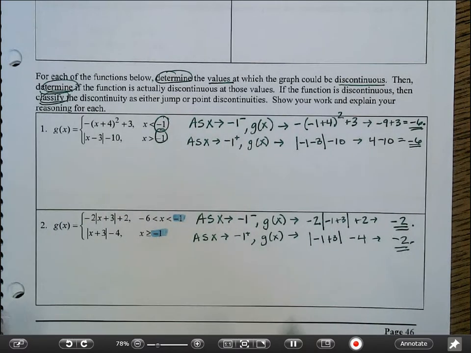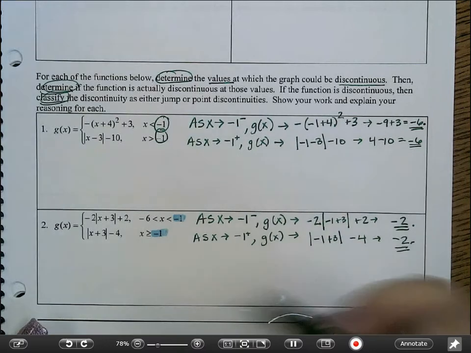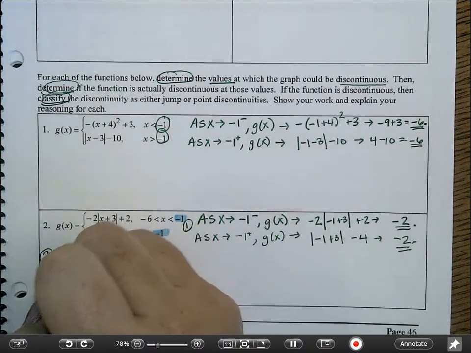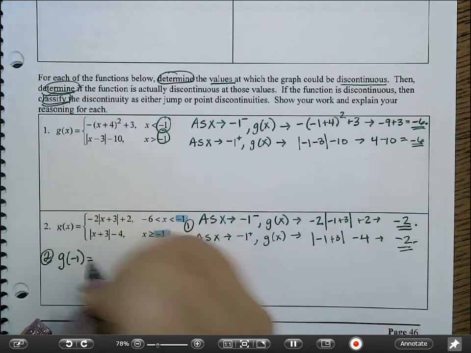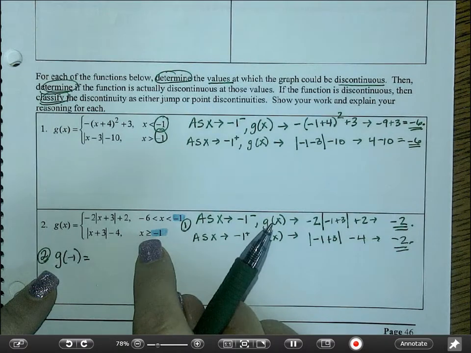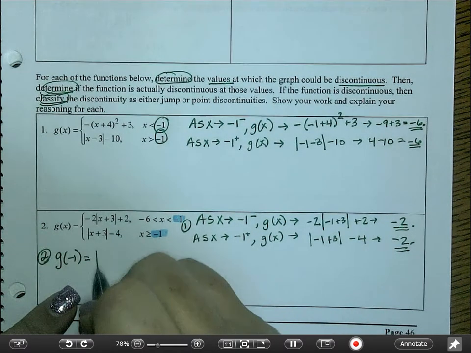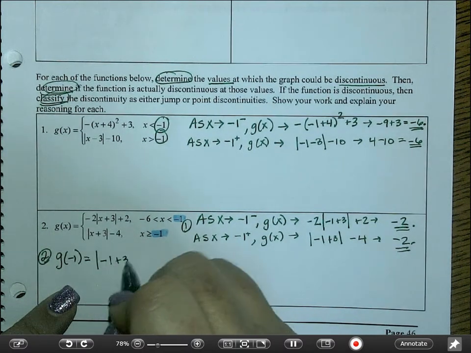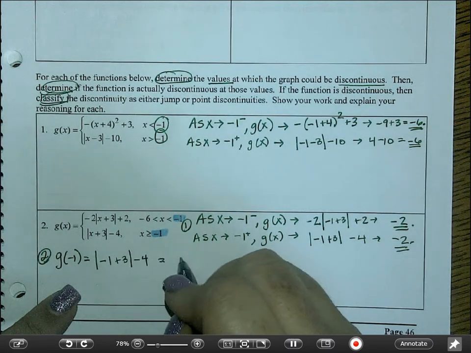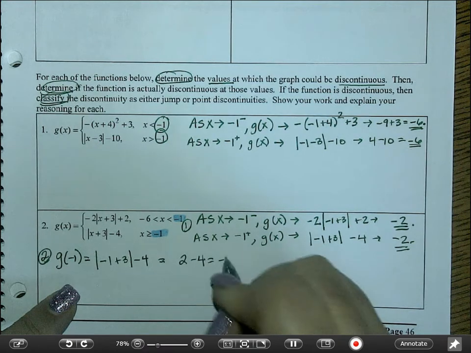So now what I need to do, this was step 1. Well, step 2 is going to evaluate g of -1. So -1 exists right here. So I'm going to plug in -1 plus 3 minus 4 gives me 2 minus 4, which equals -2.